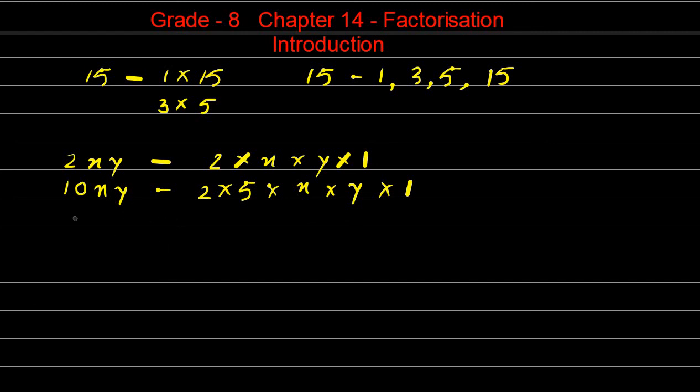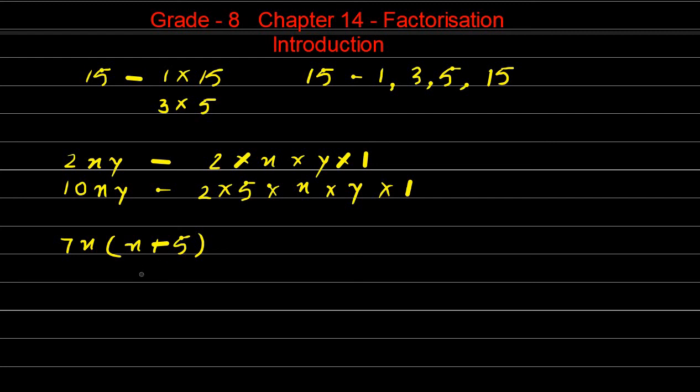Now if I take some algebraic expression like 7x, and in bracket I have x plus 5. Let me tell you, factors can be separated only when they are in multiplication, not when they are in addition.